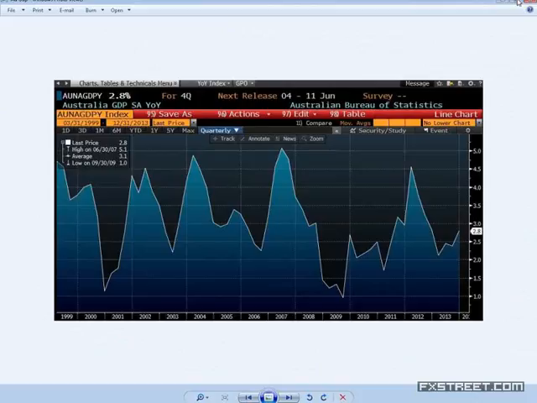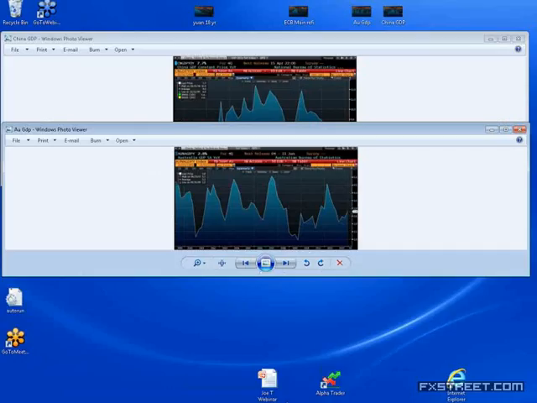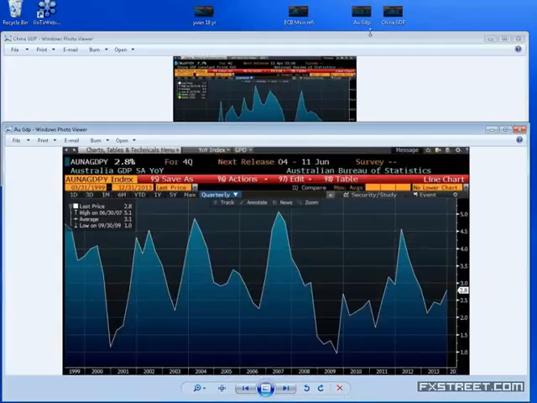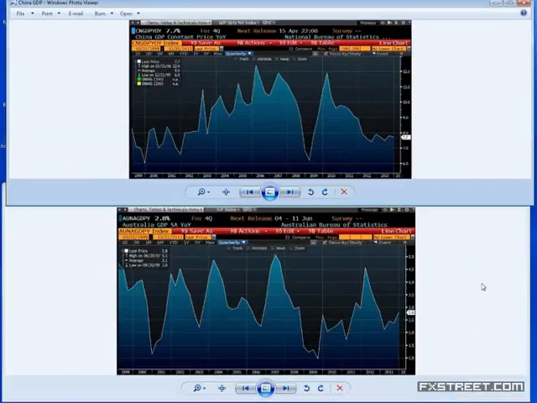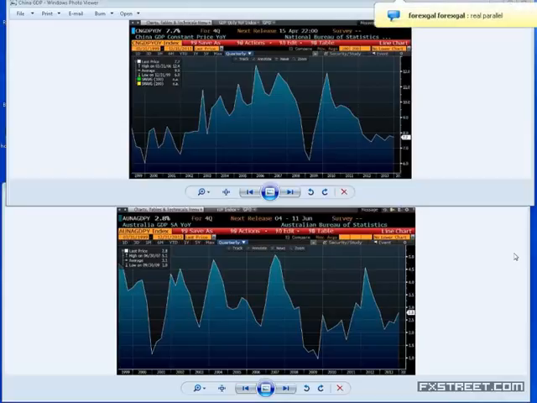Okay, so here are the two charts, China and Australia. That's not just coincidental, of which I don't believe in coincidence, congruence. You can see from the charts that you have a very similar type of pattern with a delay tilted over towards the Australian side.